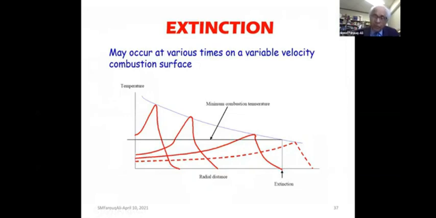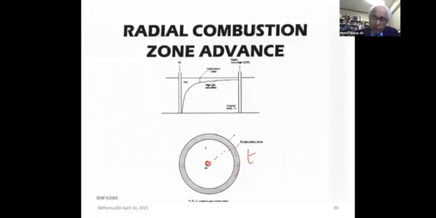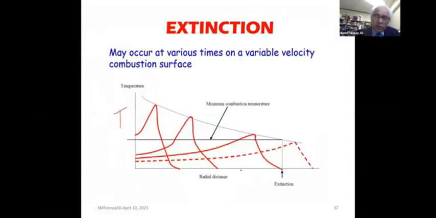So if I take a cross-sectional view, so let's say we take a temperature along this cross-section, this one, then you see this. You have temperature on this scale and radial distance r on this scale. So at time t1, the temperature looks like this. Time t2, it looks like this. Time t3, it looks like this. And at time t4, the temperature looks like this.